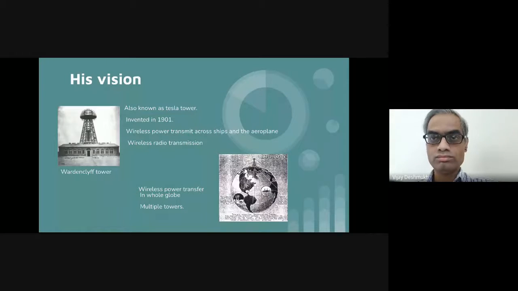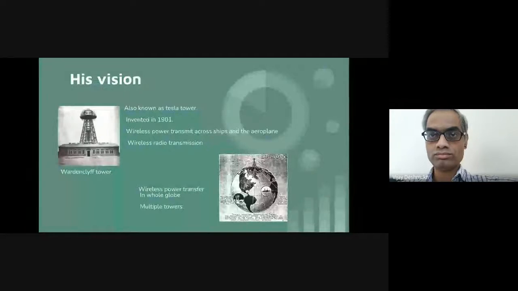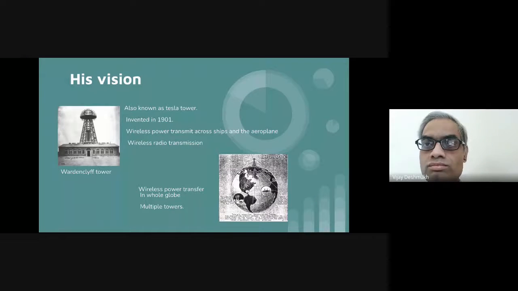His vision. Now here we can see the Wardenclyffe Tower, which was also known as the Tesla Tower, invented in 1901. His vision was to transmit power wirelessly throughout a particular area, through which he could transfer power wirelessly to ships, boats and aeroplanes.